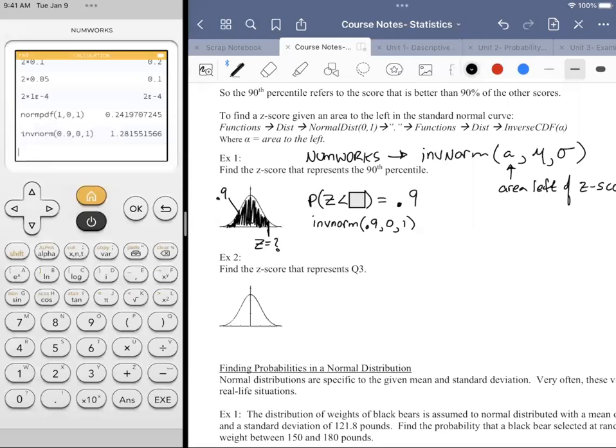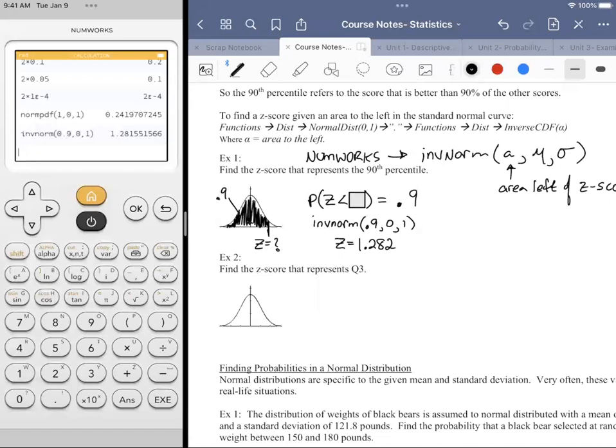So the Z-score here should be 1.282. Which honestly shouldn't be shocking, because on the previous page, we found the area that was less than, I believe it was 1.28. And that gave us 0.8997, which would have rounded to 0.9. So it was right in the same neighborhood.